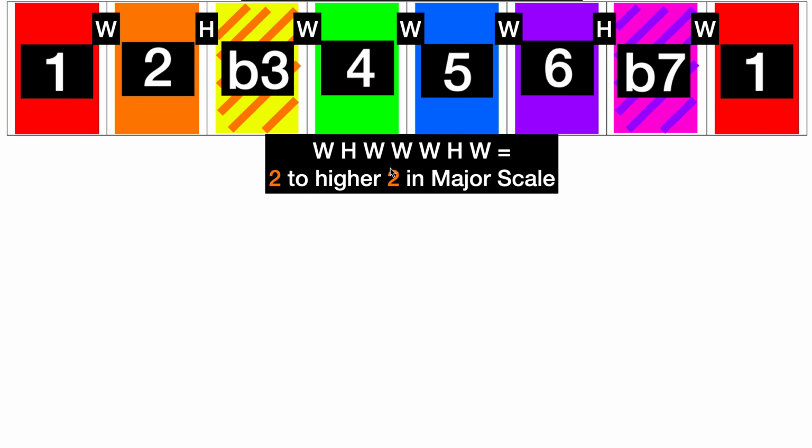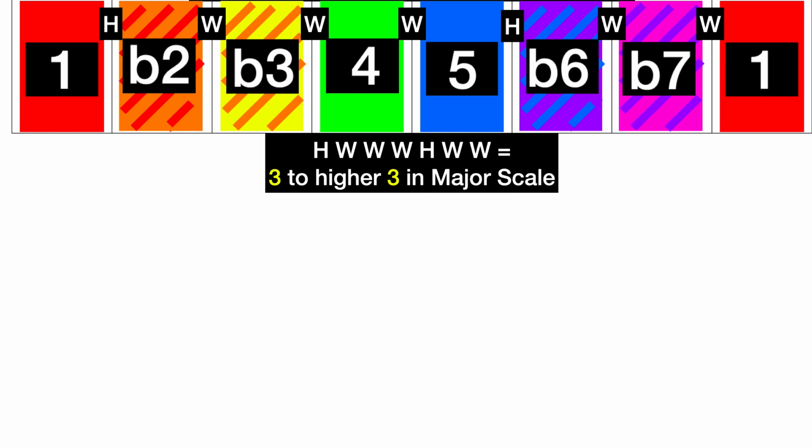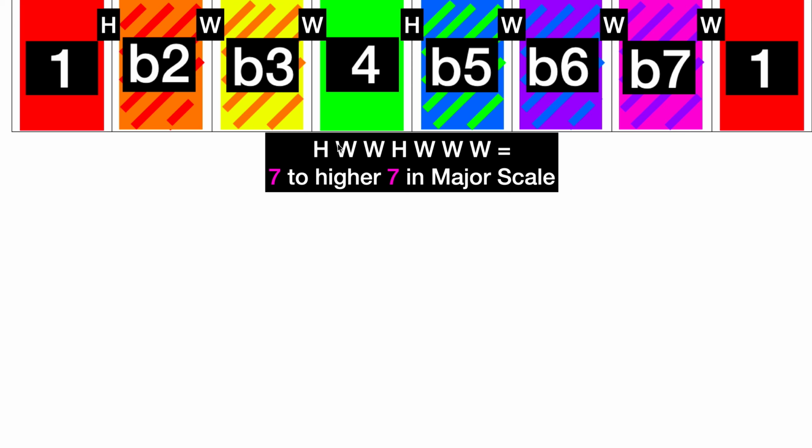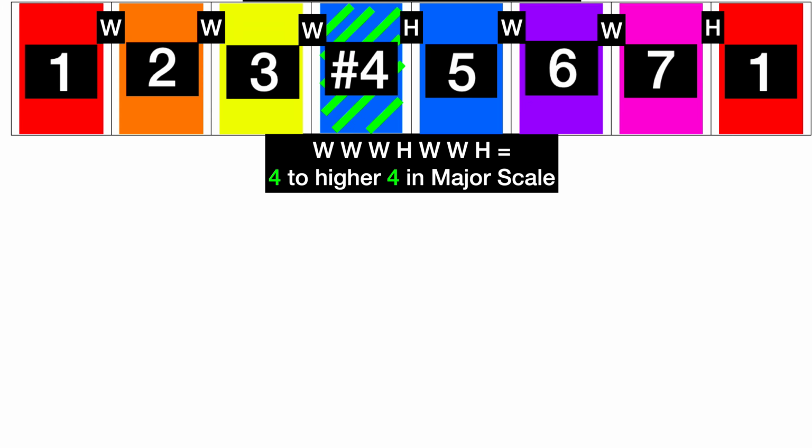Dorian mode, 2 to the higher 2. Okay, won't go over them all, but you see that they all have that definition: if they're modes, a different whole step, half step formula, and a different number to the higher same number in the major scale definition.